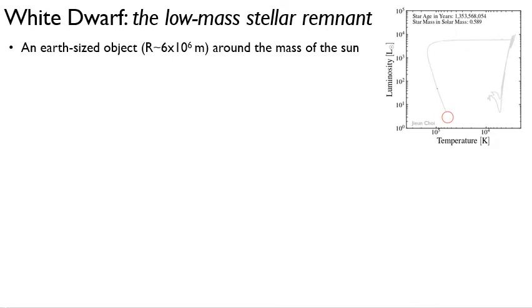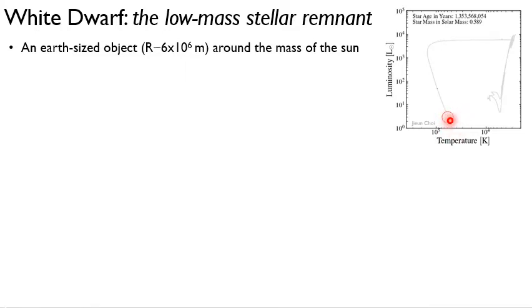So let's start with white dwarfs. This is the remnant that's left behind from a low mass star evolving. If we look at our Hertzsprung-Russell diagram from the low mass stellar evolution video, we saw that our low mass star at the end of its evolution, when it blows off the envelope as a planetary nebula, takes this fun path along the HR diagram, and it ultimately winds up here as this relatively dim blue thing.